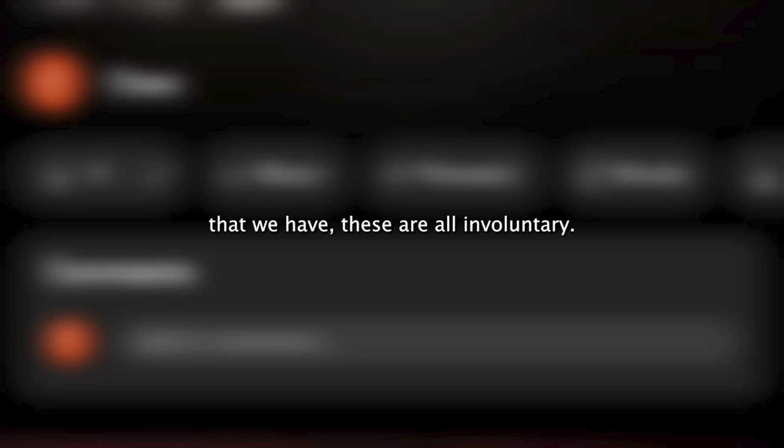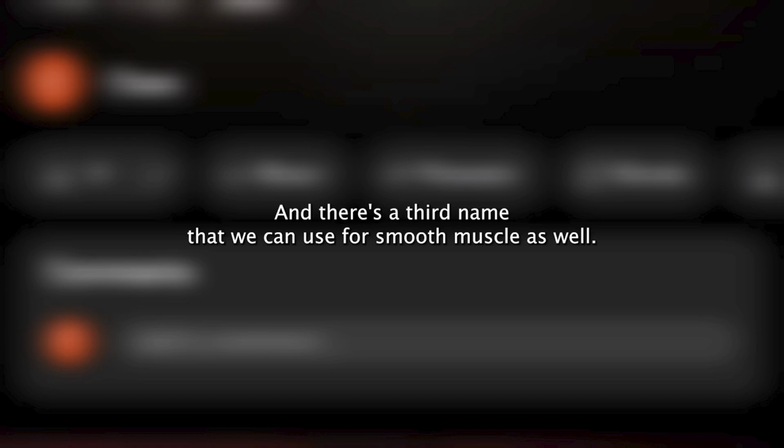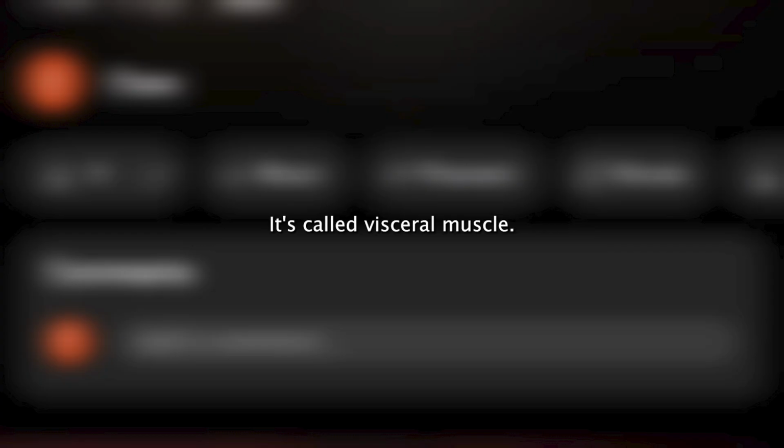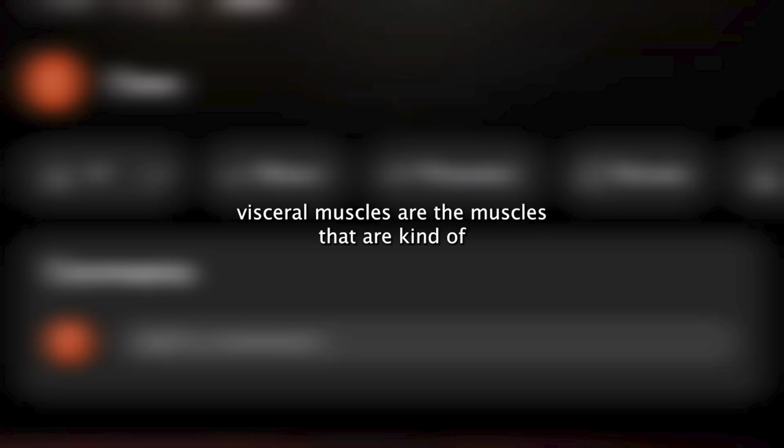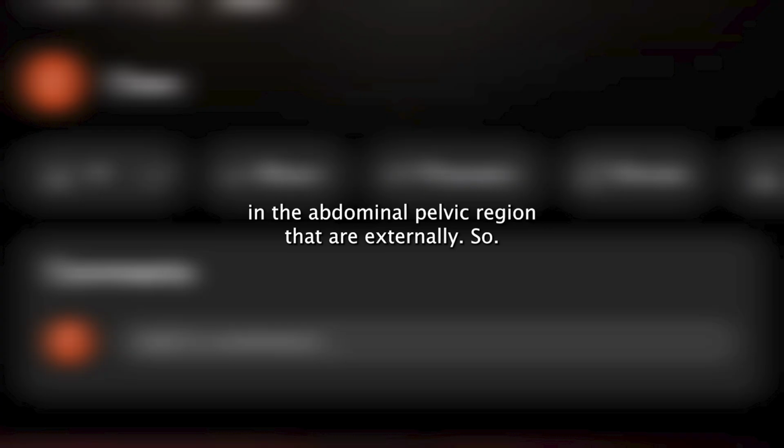These are all involuntary. And there's a third name that we can use for smooth muscle as well, and it's called visceral muscle. So visceral muscles are the muscles that are in the abdominal pelvic region, not externally, but internally.